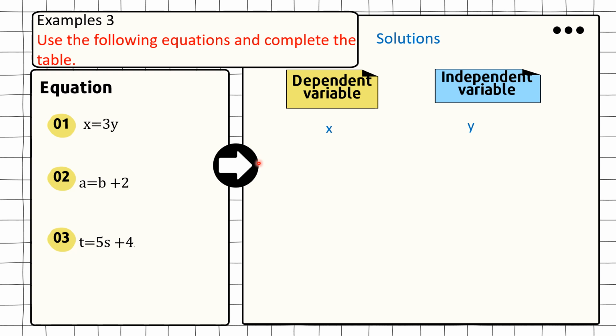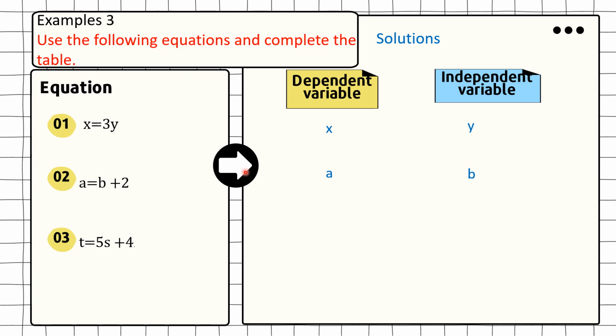Next, A equals B plus 2. Who can tell me which is the dependent variable and which is the independent? Excellent. A is the dependent and B is the independent. Again, number 3, T equals 5S plus 4.